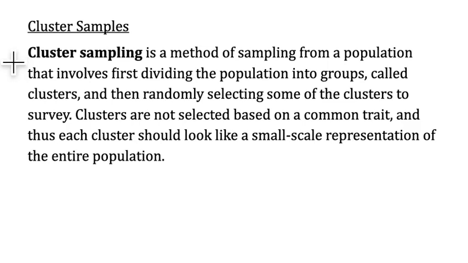The main benefits of cluster sampling are its cost effectiveness and convenience. So for instance, if we wanted a sample of airline passengers, instead of randomly selecting from all airline passengers, we could randomly select a certain number of flights and then survey everybody on those flights.